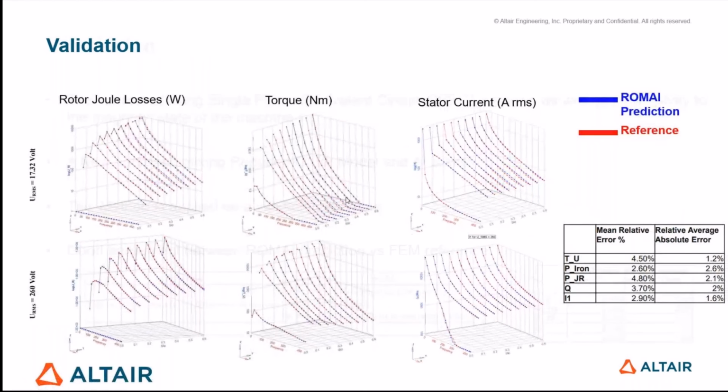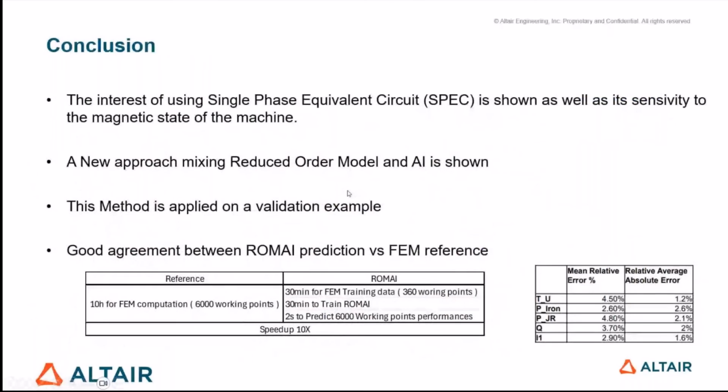So yeah, in conclusion, we showed the interest of the single phase or the reduced order model for induction machine, which is very useful for system analysis, for instance, and speed variation.